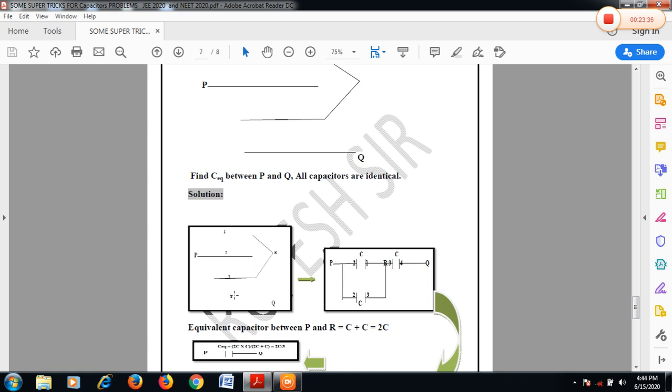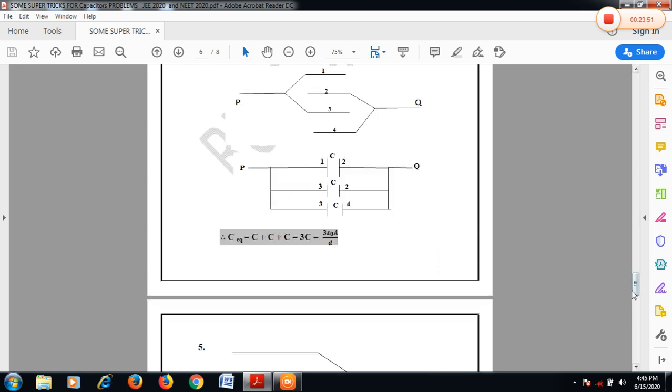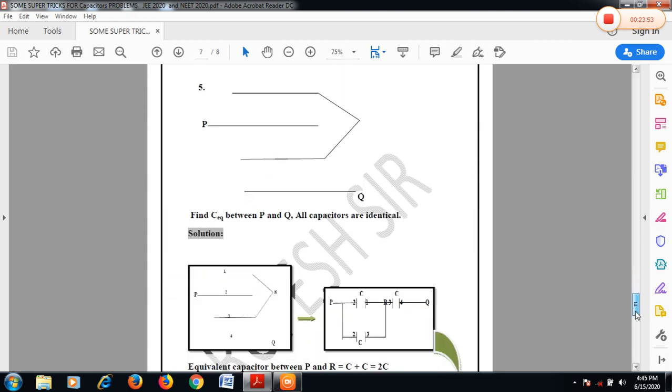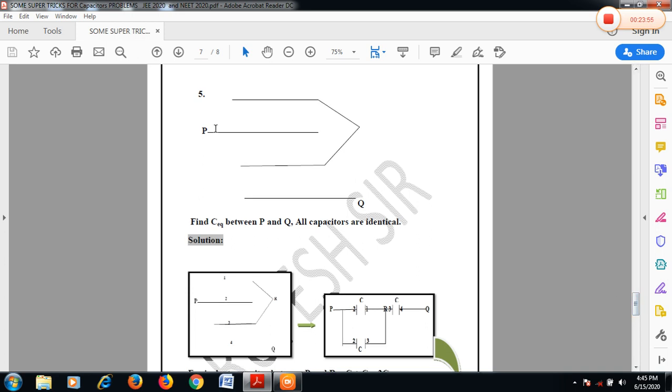And here is another plate, which has again been blurred, which we have numbered 4, plate 4. The other plates, as we have seen in this figure: this plate we have numbered plate 2, which is connected directly to point P, and this plate is plate number 3.